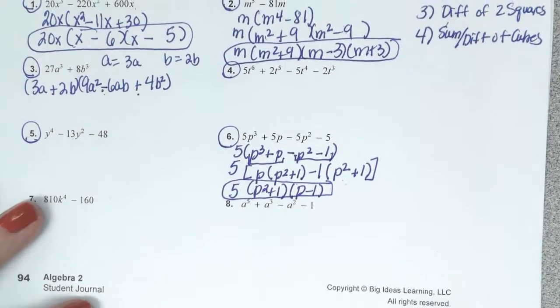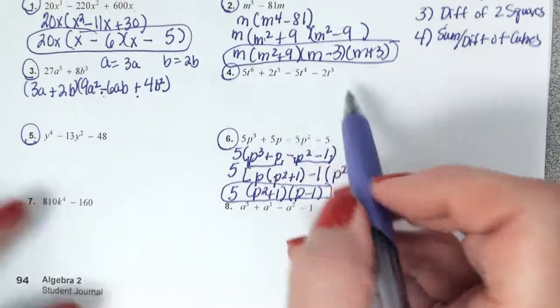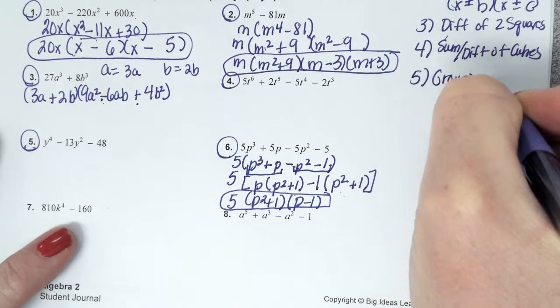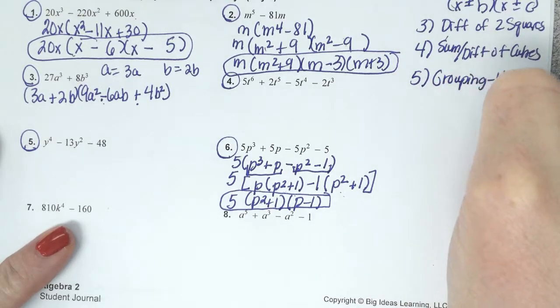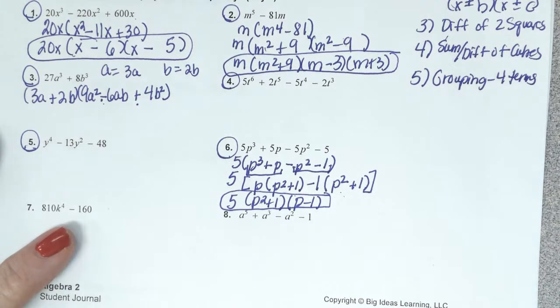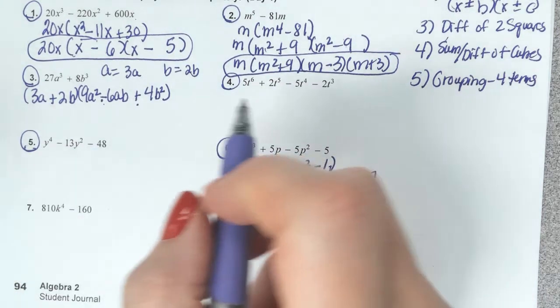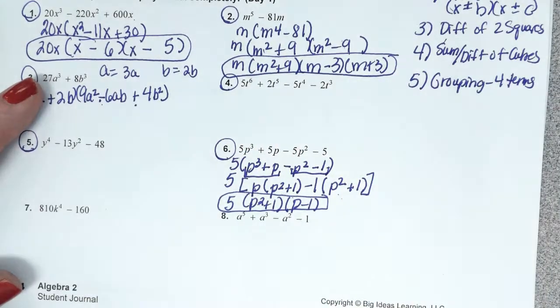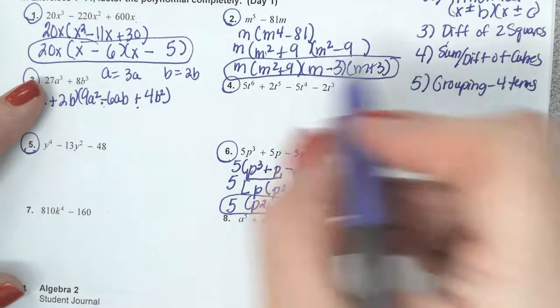All right, now let's go back up to 4. Whenever we see 4 terms, we're thinking of this last method of grouping. So grouping is only if we have 4 terms, because we have to have a pair of pairs. Okay, so what about out of the first two? Henry, what can I do at the very beginning, though? Take out what? More than that.